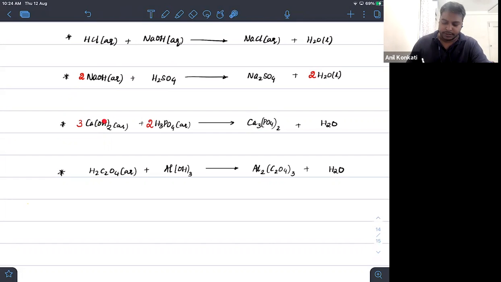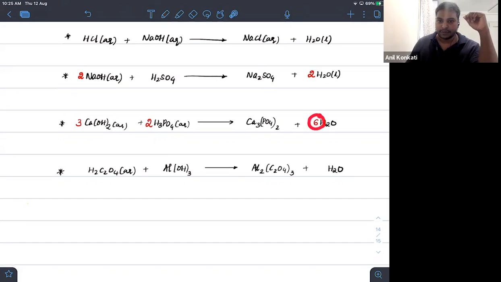There are 2 hydrogens here, 2 3s are 6, 6 hydrogens here. And 3 2s are 6, 6 hydrogens here. So there are 12 of them, which means I need to multiply by 6 here. Clear everyone? Why I multiplied by 6 here? I hope all of you understood that. So there are 6 here and 6 here, total 12 hydrogen. Oxygen will be automatically balanced. You don't have to do it.